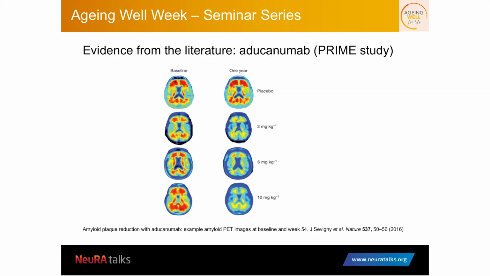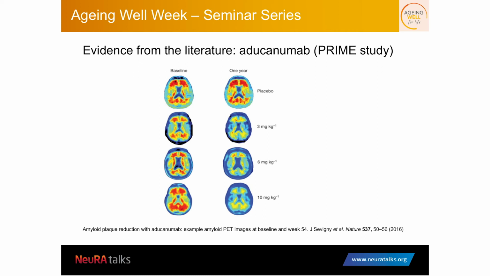What evidence do we have that this might work? Well, this is from another study and from a similar drug which has been used in people with the early stages of Alzheimer's disease. This was a preliminary study published a couple of years ago. You can see on the left people at the beginning of the trial, and they all have amyloid in the brain.